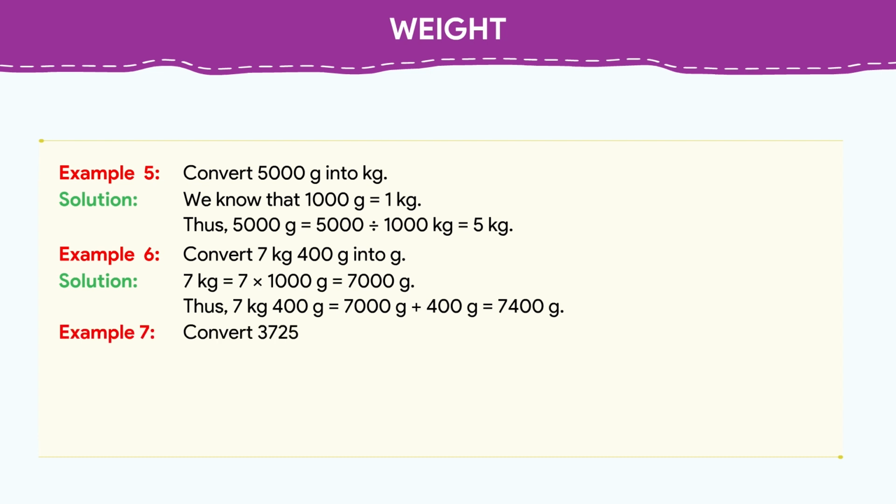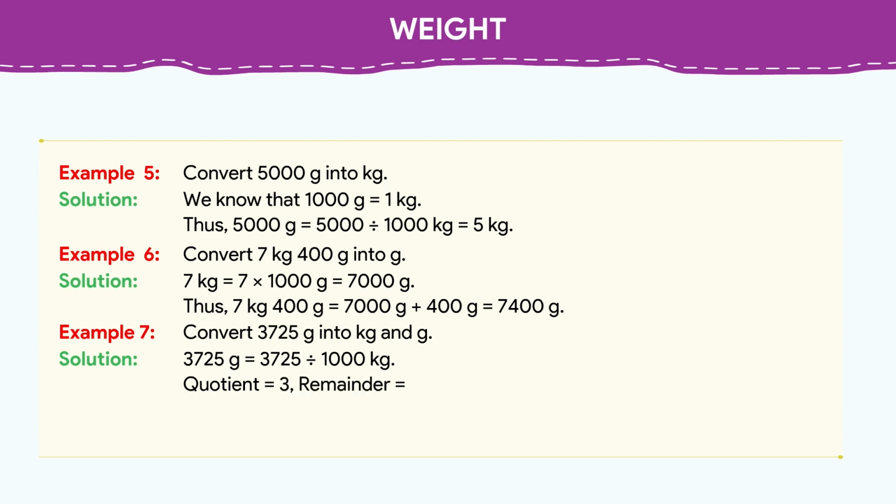Convert 3725 g into kg and g. Solution. 3725 g is equal to 3725 divided by 1000 kilograms. Quotient is equal to 3, remainder is equal to 725. Thus, 3 kilograms 725 g.